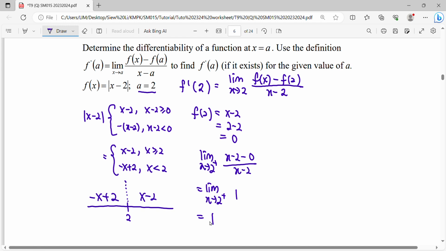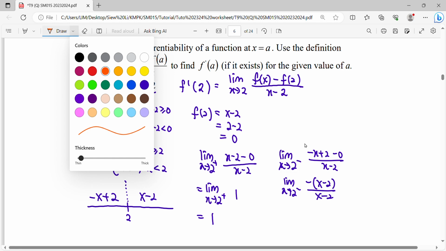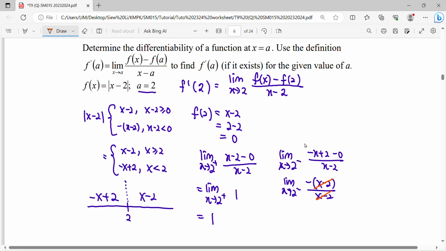Then we analyze the left-hand side. Is it the same? The left-hand side function is negative x plus 2. So when we factorize the negative and simplify, the limit as x approaches 2 from the left-hand side is negative 1.